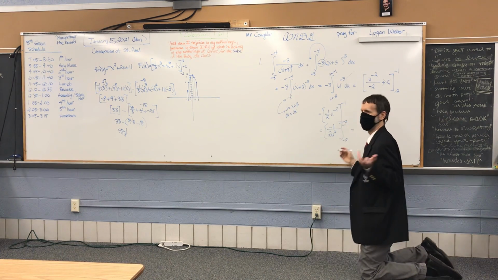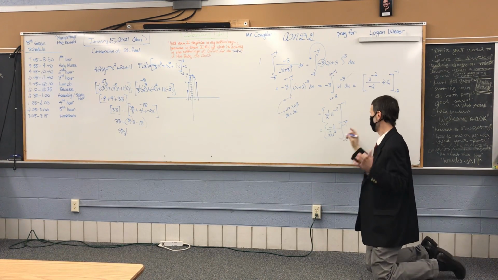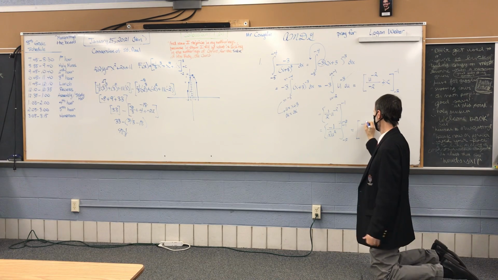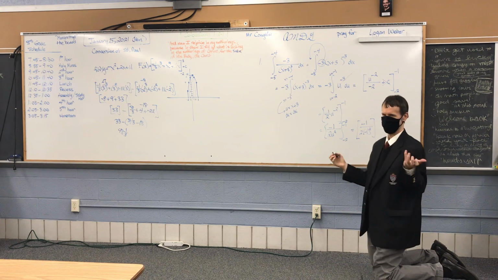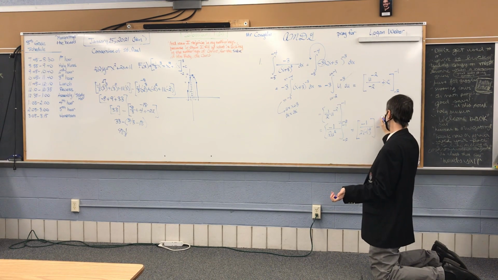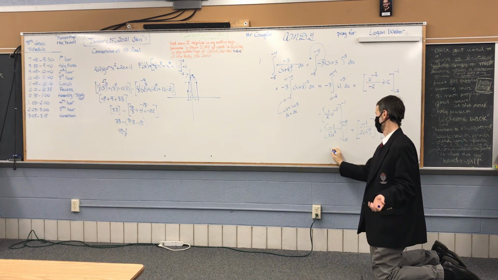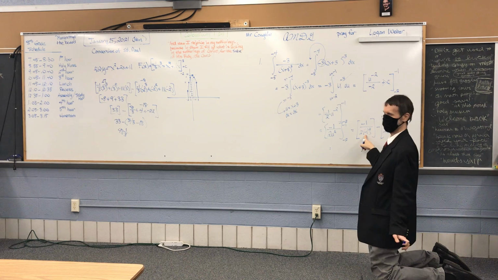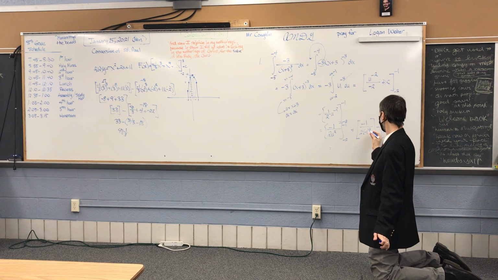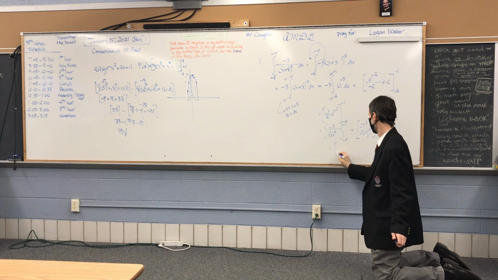So what do you plug in first? The -1. So it's going to be -1 over 2 times -1 squared. That's the first plug-in. Minus -1 over 2 times -2 squared. What's -1 squared? 1. So the whole thing is -1/2.